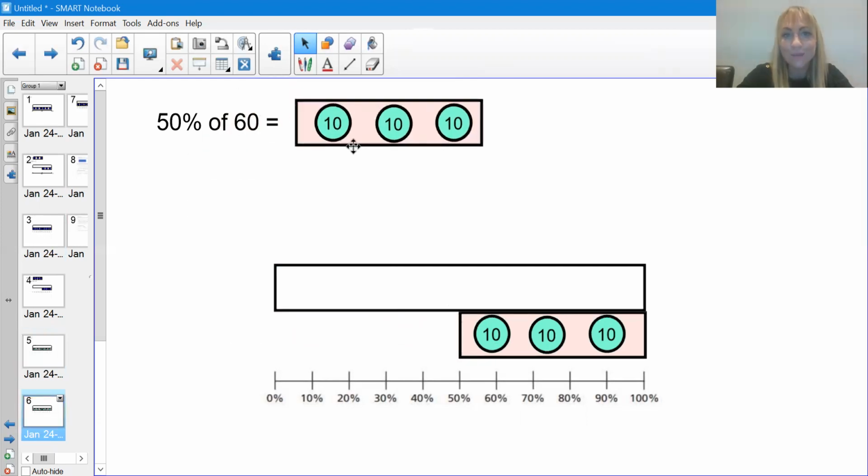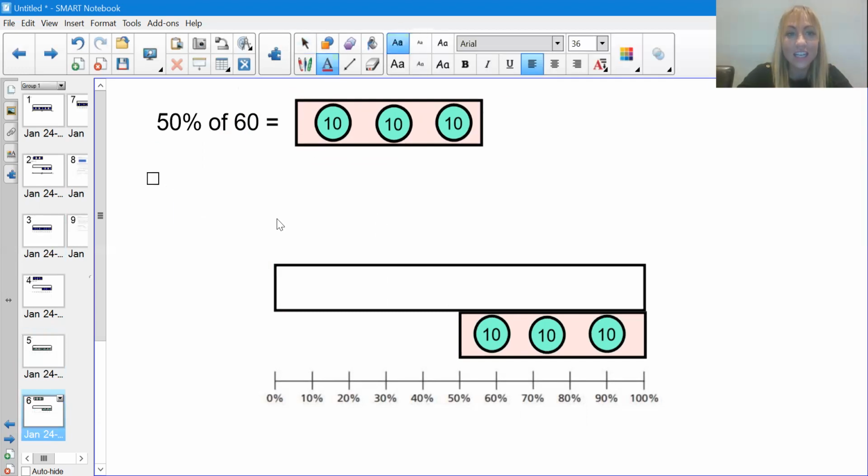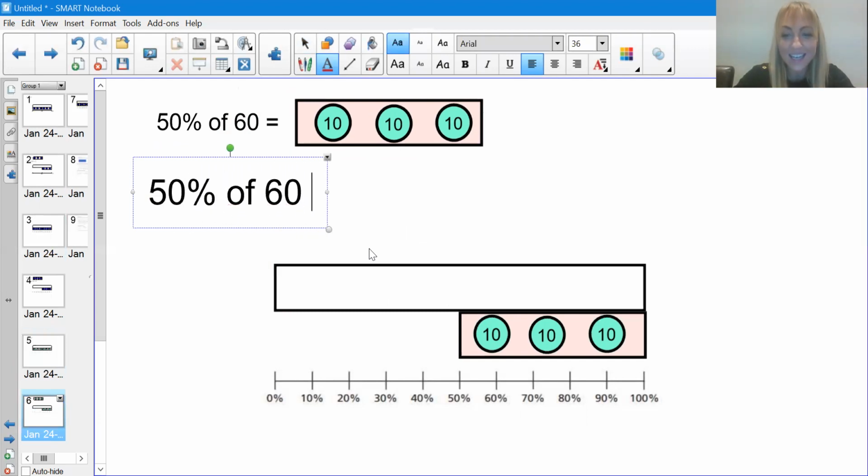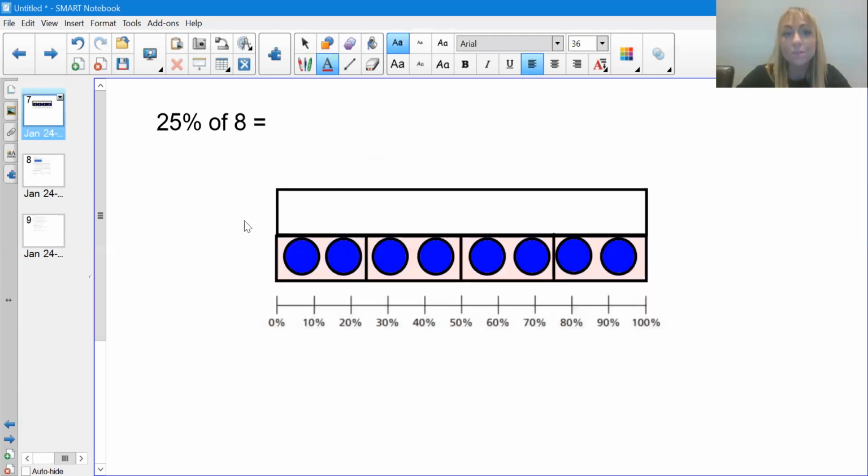So 50% of 60 is giving me 3 tens, and 3 tens are 30. So I know that 50% of 60 is 3 tens, which is 30. That's going to be the first activity that you have. Your next activity is going to be finding 25%.